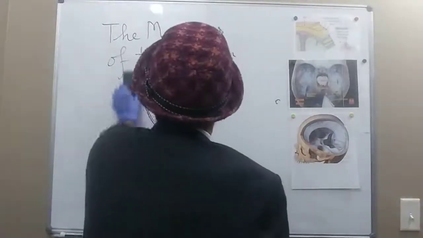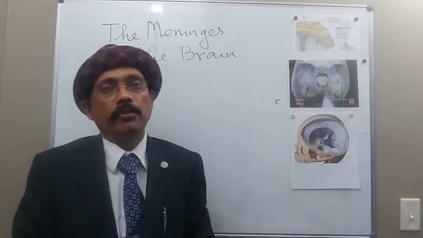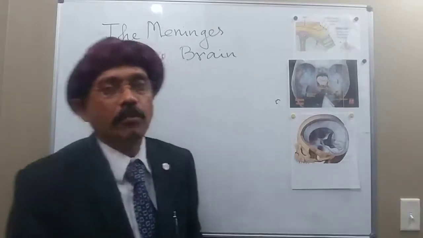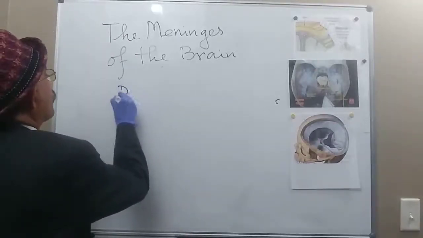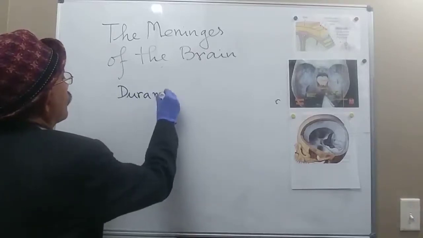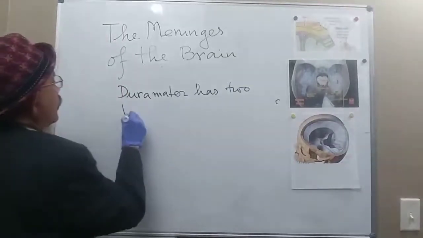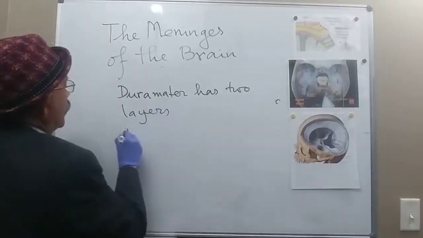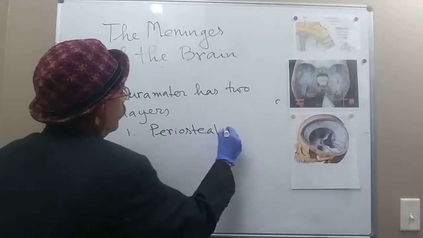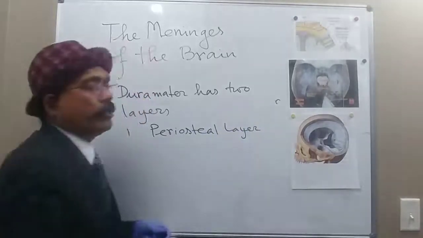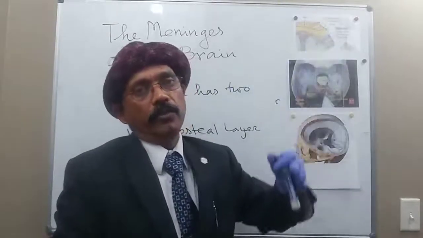The dura mater has two layers. One is the periosteal layer, another is the meningeal layer. The periosteal layer is just on the inner surface of the skull bone.